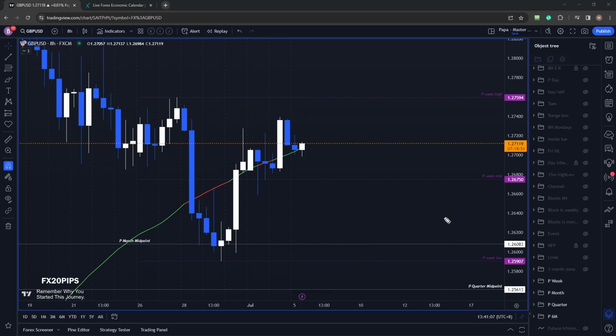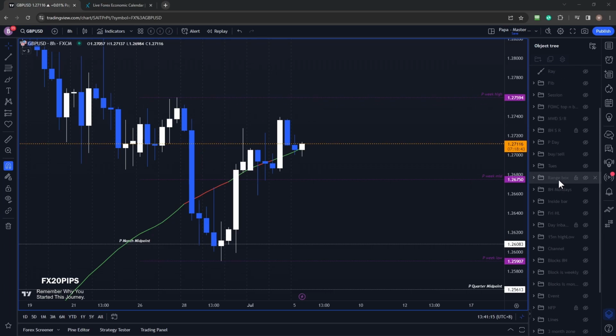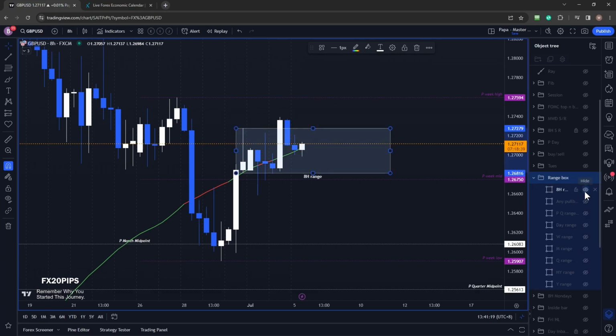So before I go into all other technicalities, let's do our daily routine first. Let's go to our 8-hour range box. Here we go. So this 8-hour range box is still based on this candle, the reason being we have no candle close above or below.